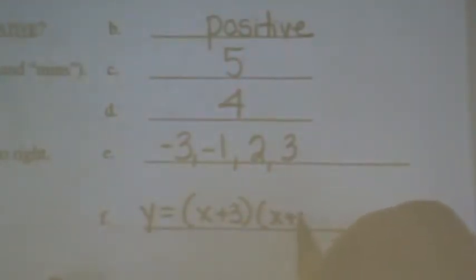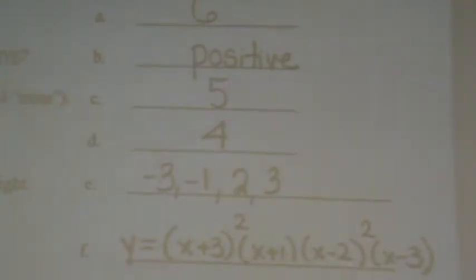Y equals x plus 3, x plus 1, x minus 2, and x minus 3. But we have to put a 2 with the -3 and with this 2 because it's touching here. If you have multiplicity that's even on that.